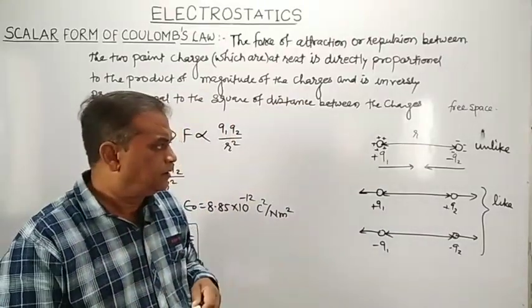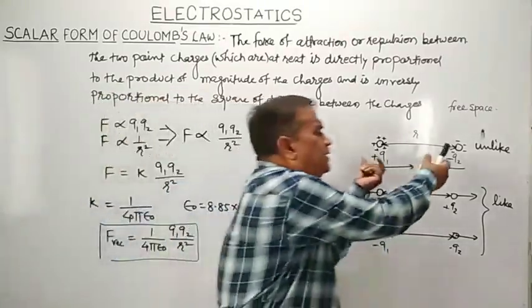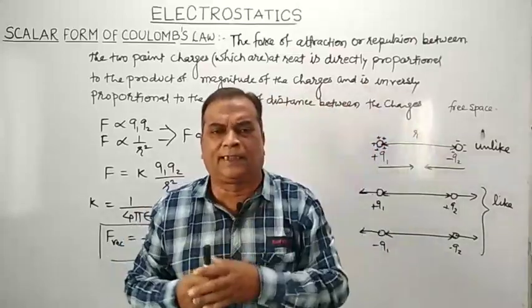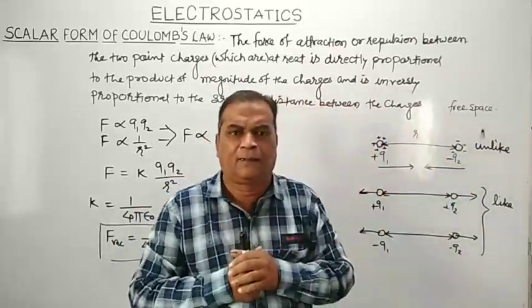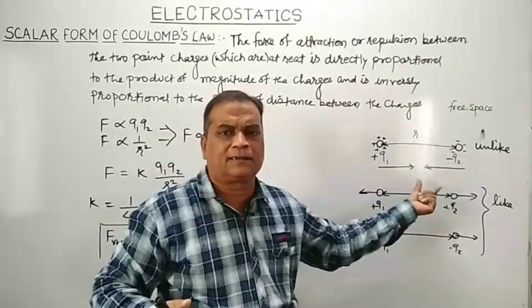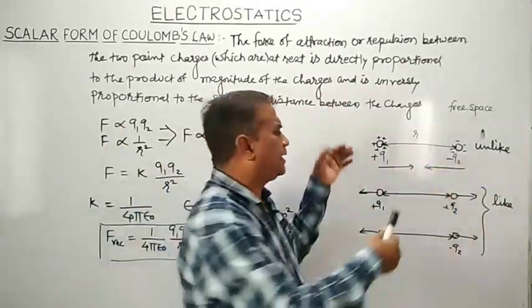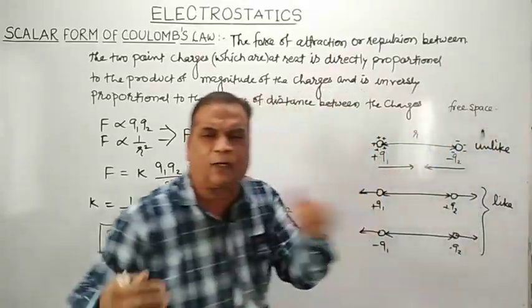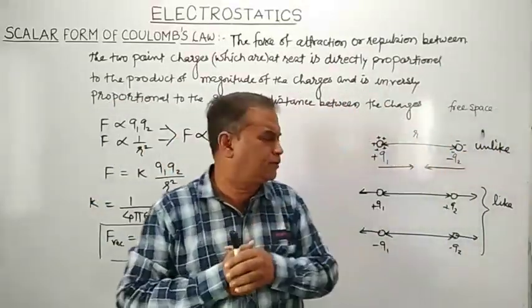So, if of the given two point charges one is positive and the other is negative, meaning they are unlike charges, there exists a force of attraction between them, and that force will act along the line joining the two charges.